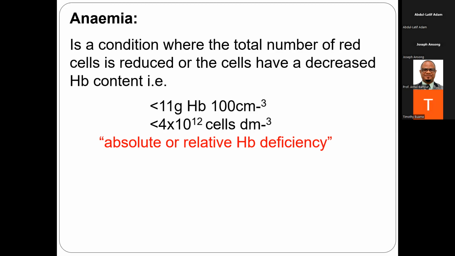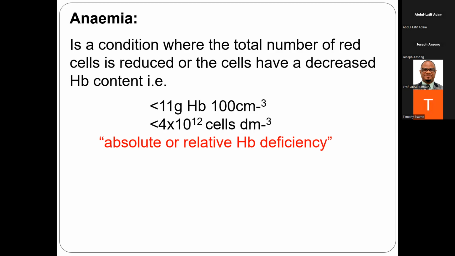And the deficiency can be absolute or relative. In absolute, the three things we mentioned are all reduced. So hemoglobin is reduced, red cell count is reduced, packed cell volume is reduced.